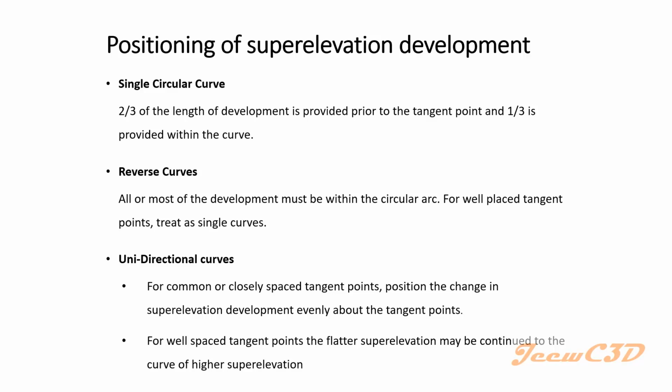Other guidelines such as AASHTO have other definitions, but this one is related to the RDA design guidelines. So if your super elevation development length is 30 meters, for a simple curve 20 meters would be on the tangent side and 10 meters on the curve side.